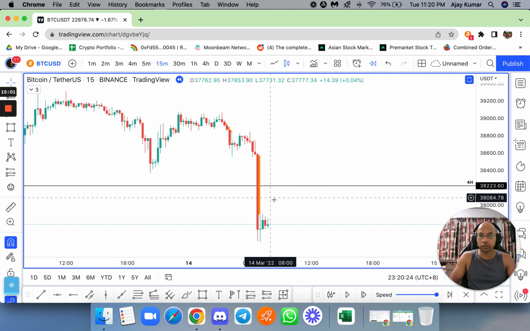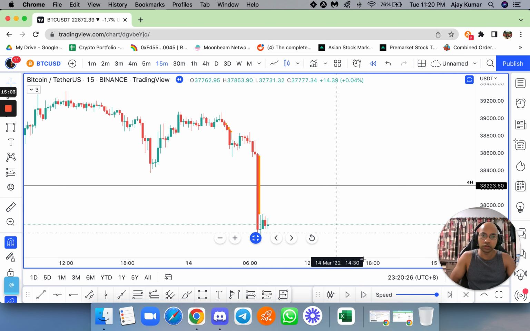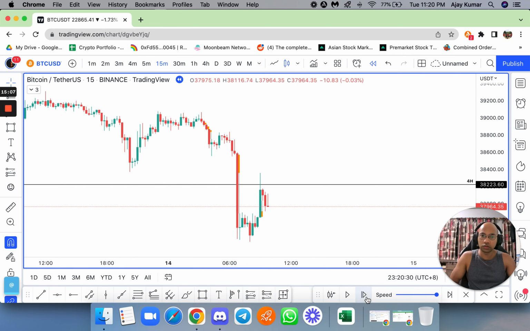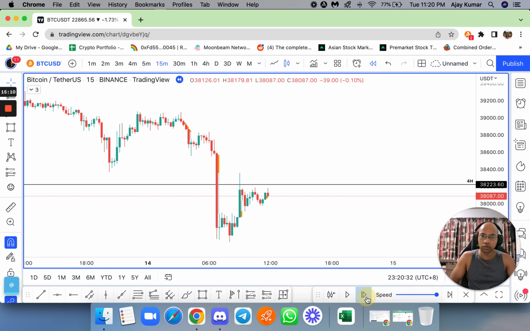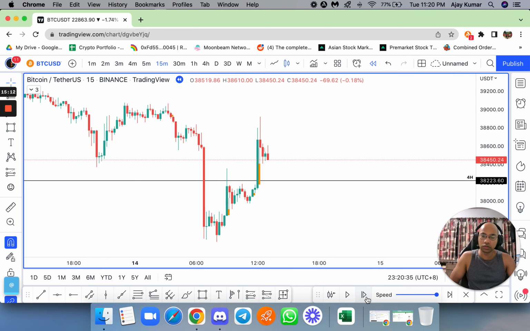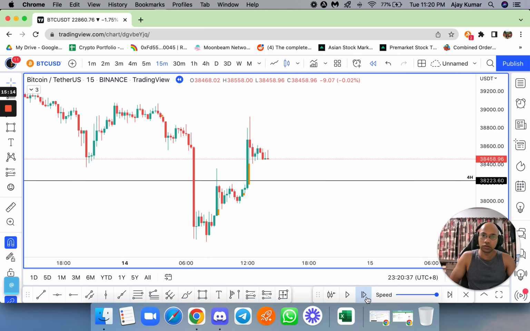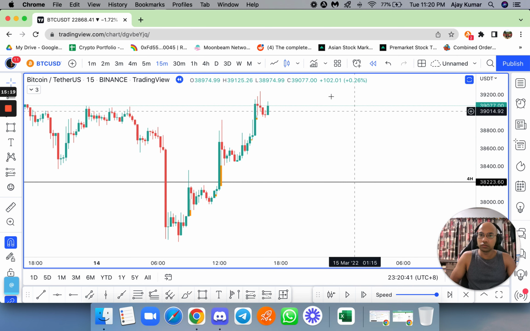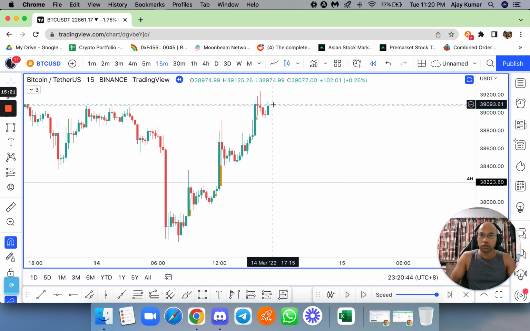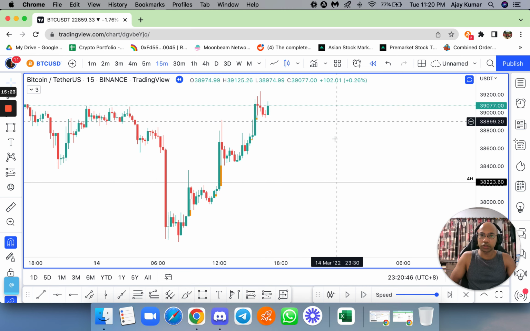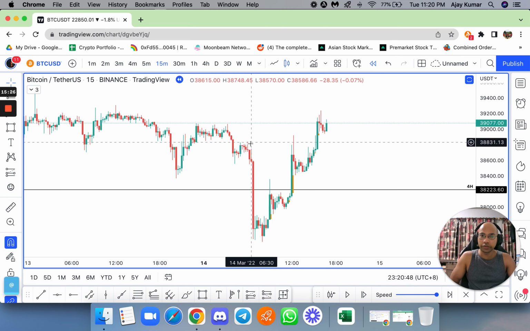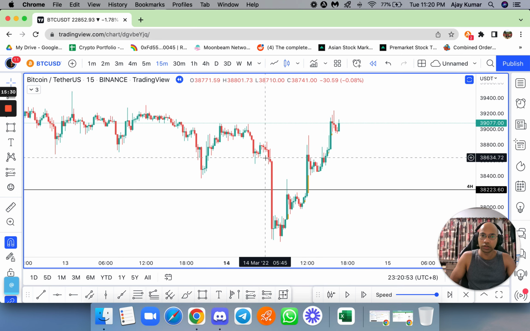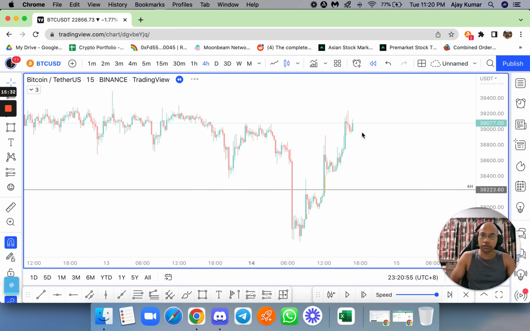Yeah, I won't take any position at this point. So I won't call this a market structure break. Let's see what's happening on the 4-hour chart.